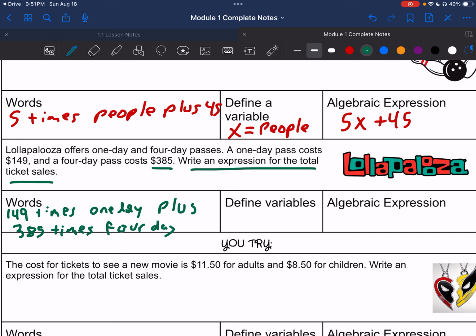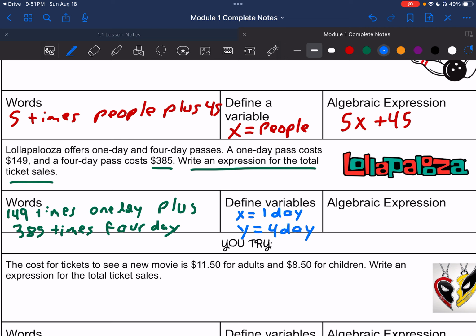Well, okay, that sure seems like I've got two things going on there. We're saying here we're going to define two variables. Our first variable, I'm going to use x equals 1 day, and y equals 4 day.